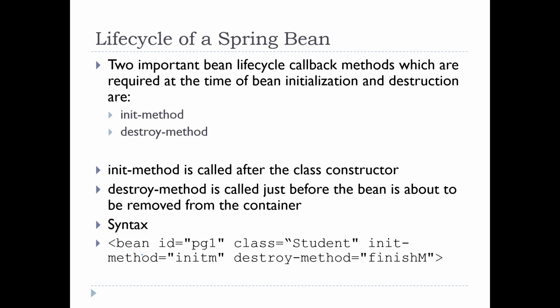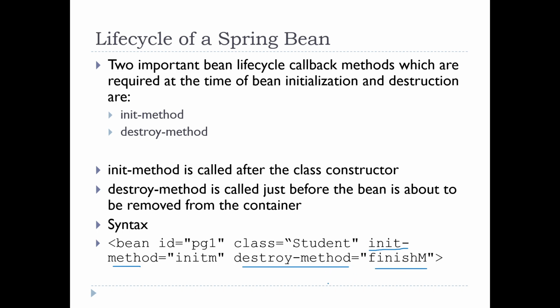So the syntax is, we define these attributes init method and destroy method in the bean tag. So along with the class and the ID of the bean, we also specify the method which is going to act as the initialization method and the method which is going to act as the destruction method.